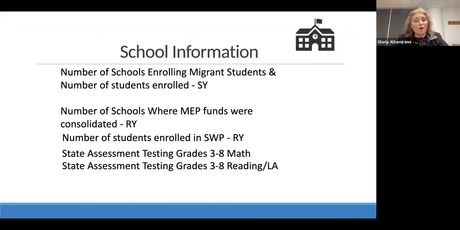And then they do also ask, you have to report school information: the number of schools that you have that are enrolling migrant students, and then also the number of students enrolled in the regular school year. The number of schools where MEP funds were consolidated during the regular school year, the state assessment testing between the grades of 3 through 8 in math, and also the state assessment testing grades 3 through 8 for reading, language arts.